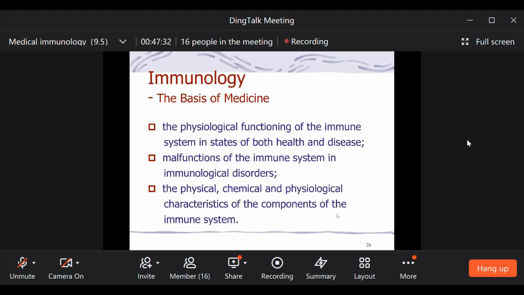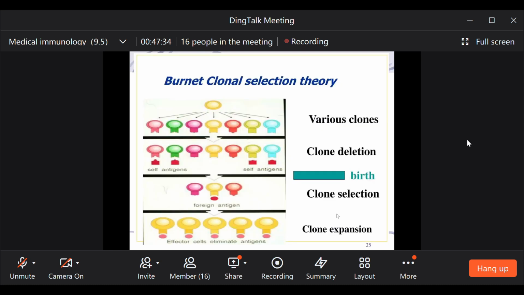And today, there is so much outstanding work and data from the laboratory and the clinic.